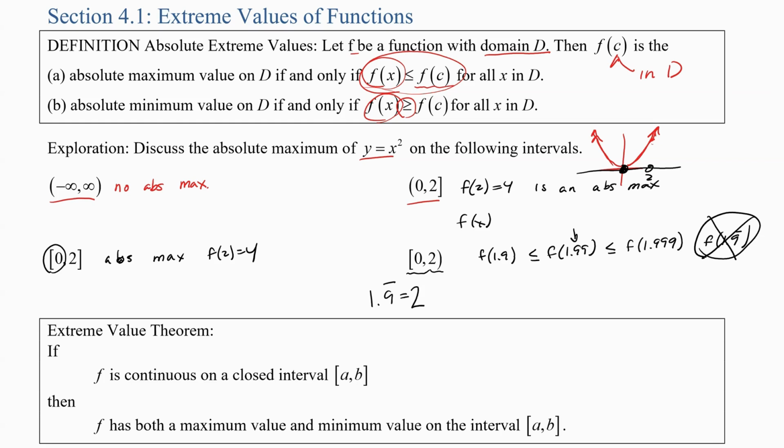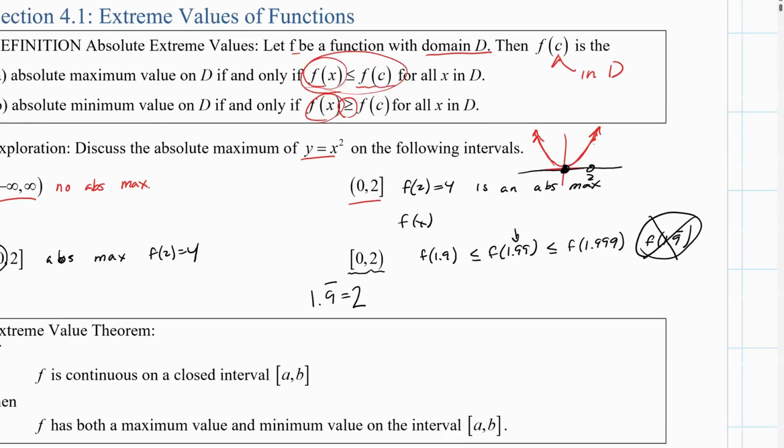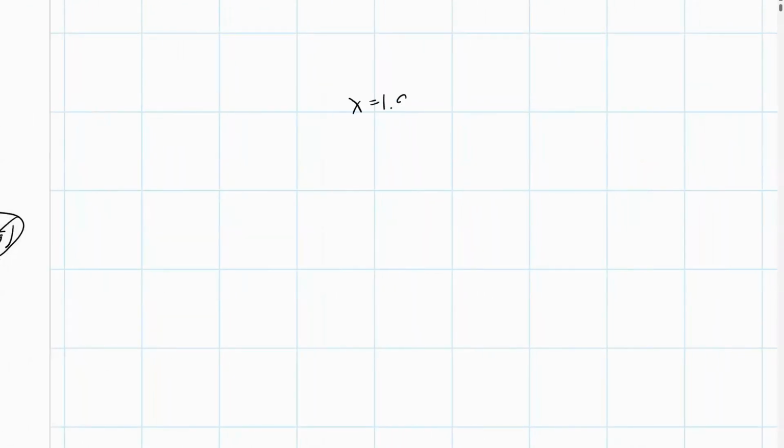Let's do a little quick proof of that. Let's say x is equal to 1.9 repeating. Let's say 10x is equal to 19.9 repeating. And if I subtract equation 1 from equation 2, I end up getting that 9x is equal to 18.